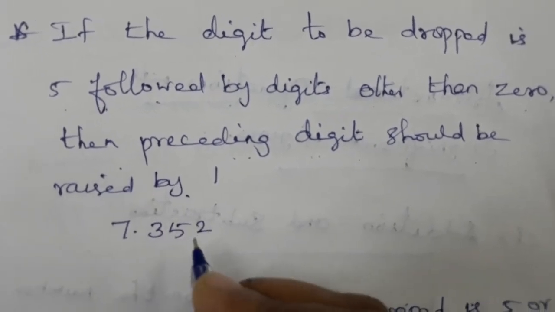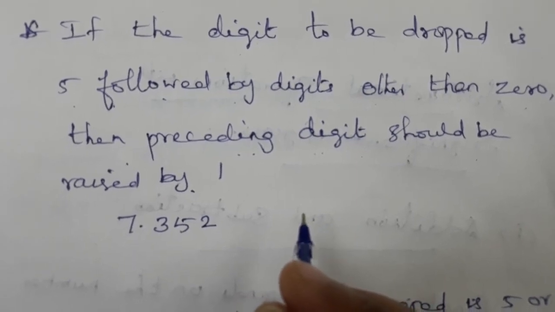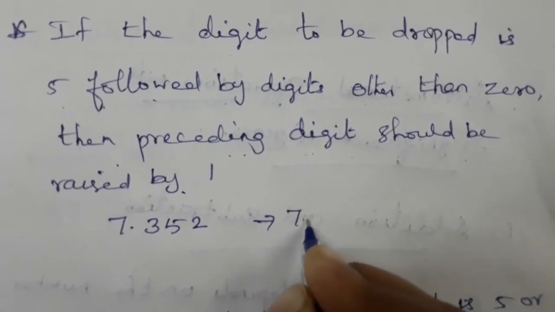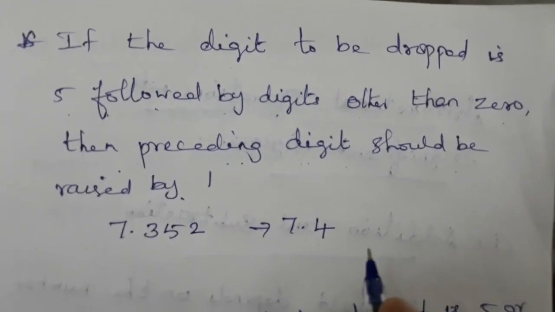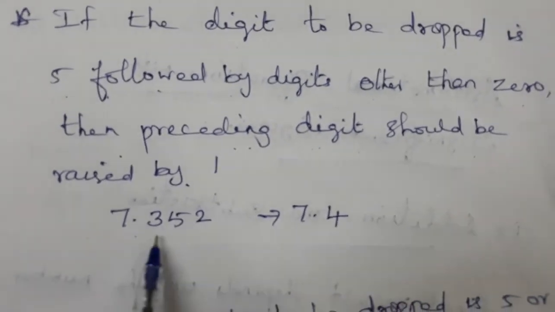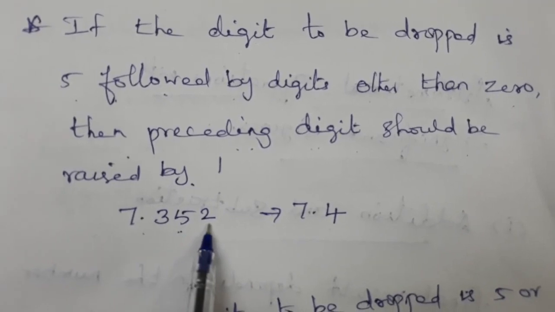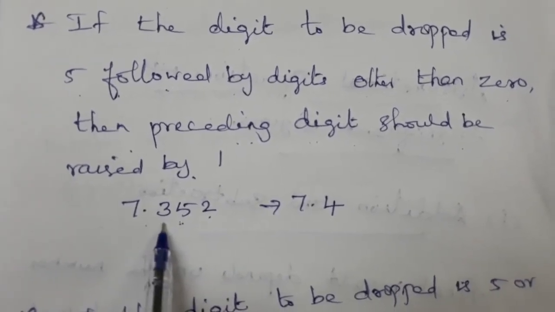Here 5 followed by 2. So the preceding digit should be raised by 1.